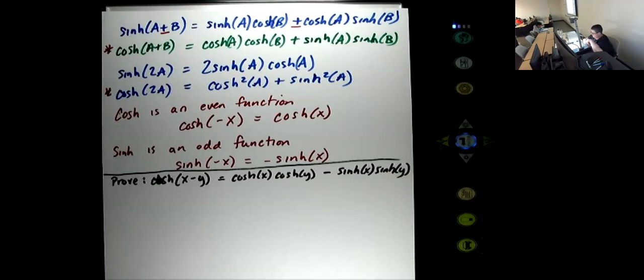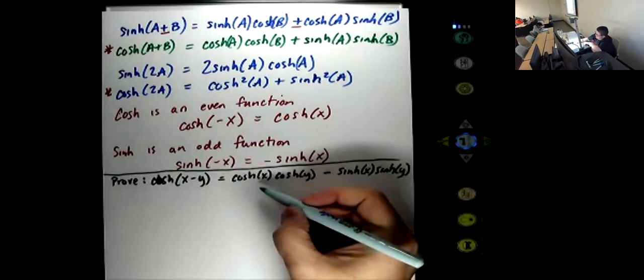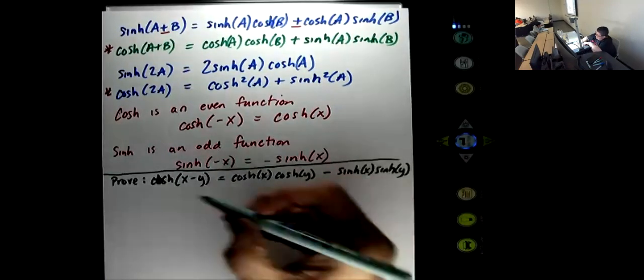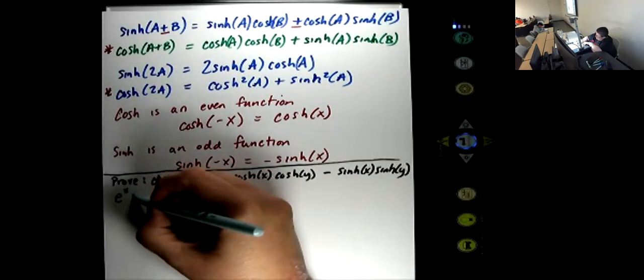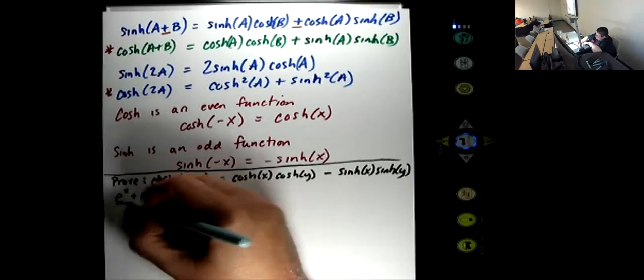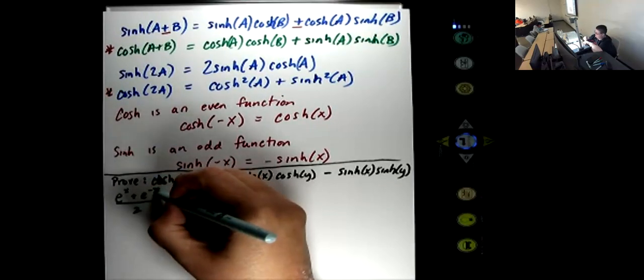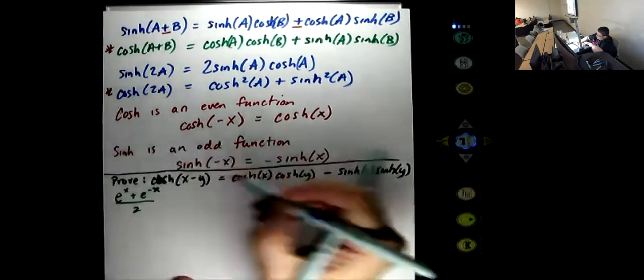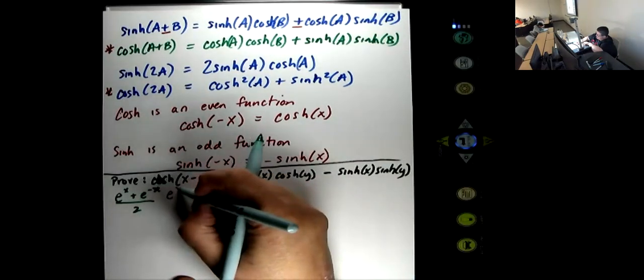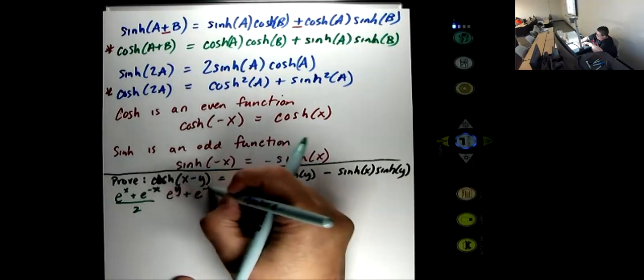All right, so let's just write down what each of them is. Cosh x is e to the x plus e to the negative x over 2. I'll do the x's in green and the y's in red. Cosh y is e to the y plus e to the negative y over 2.